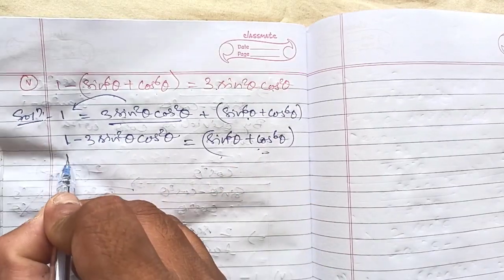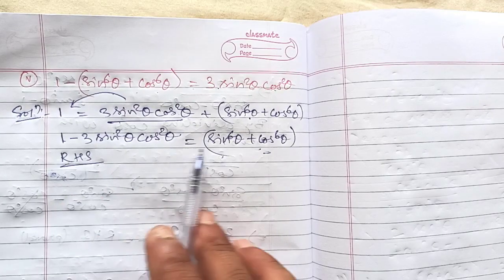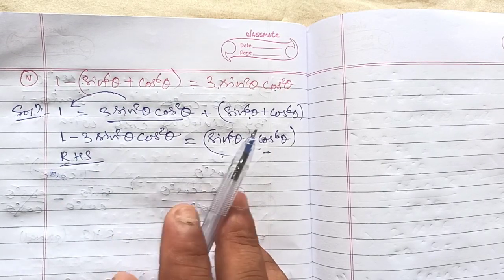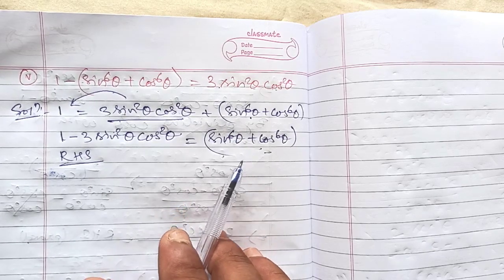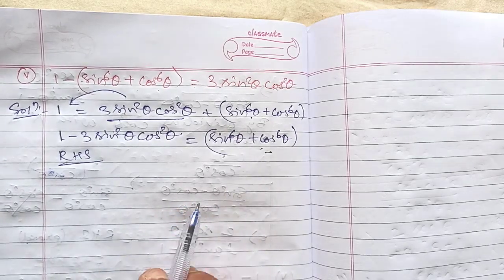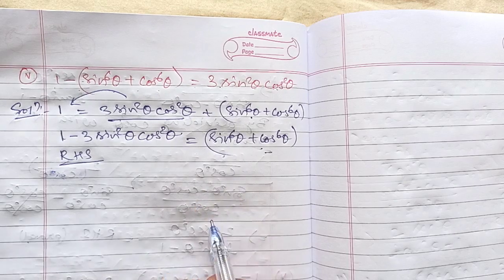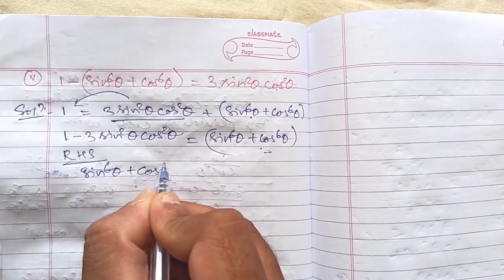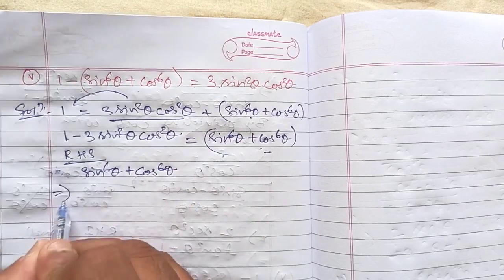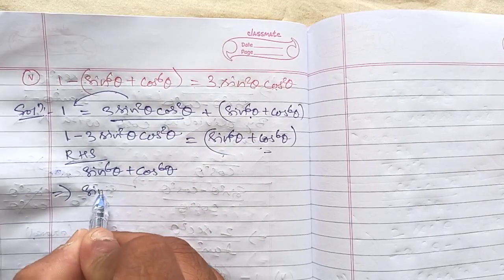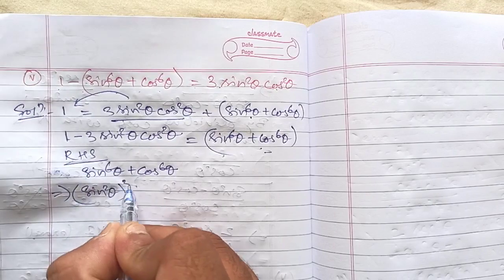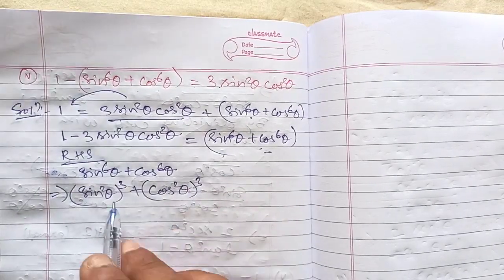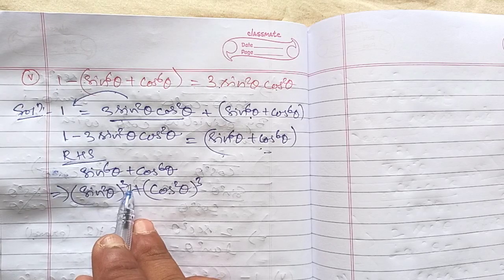Now I will take RHS. In whichever side the power is bigger, like to the power 4, 6, 8, that side you select. So towards RHS power is 6, so that side I will select: sin 6 theta plus cos 6 theta. Now we can write this as (sin square theta) whole cube plus (cos square theta) whole cube. Why am I writing square inside and cube outside?